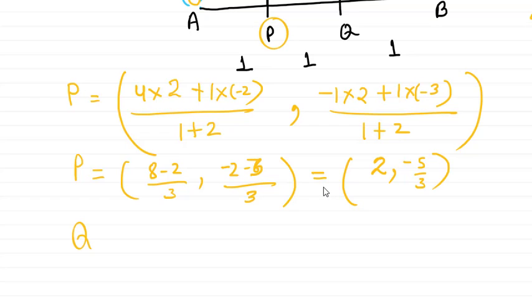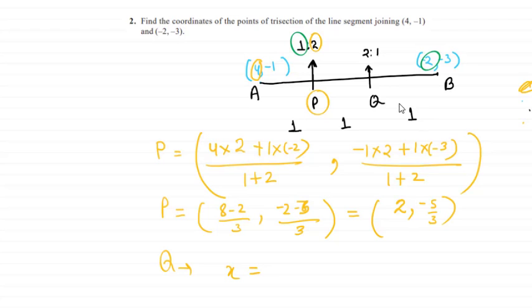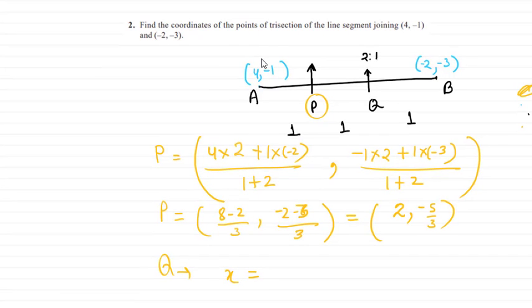Now we need to find out the Q coordinates. So let's see, we are finding the x. For finding the x, first we need to multiply 4 with this 1, sorry, 4 with 1 and minus 2 with 2.